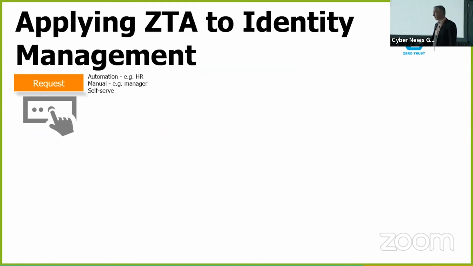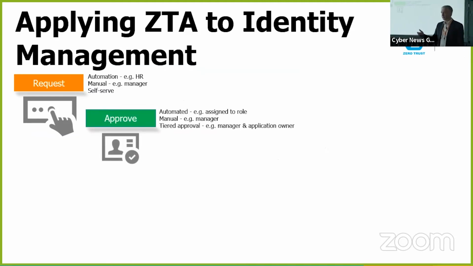Now, that's not the only way people get access to applications, of course. It can be through a manager granting it, even an application owner, or nowadays increasingly self-service, if you've got the ability for the user to go and request access itself, and maybe that will go through some levels of approval. So where it's not automatically assigned, who has approved, granted that access?